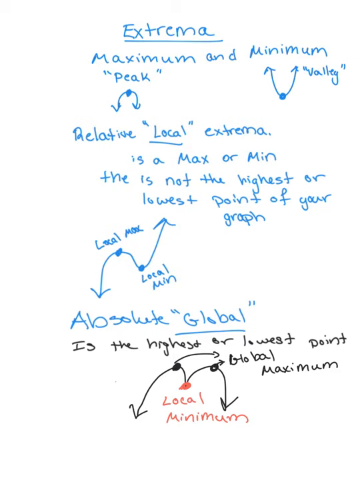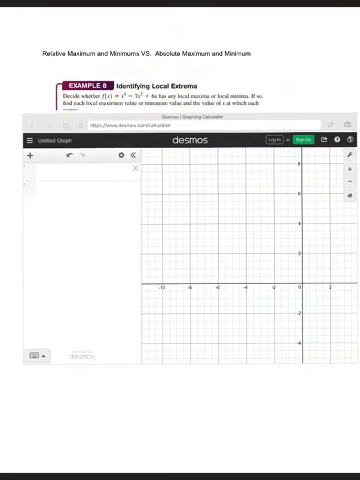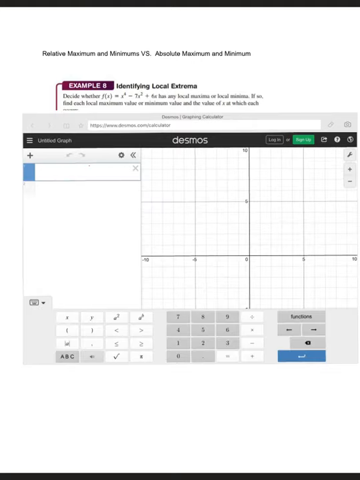Now we're going to look at Desmos and how to find the exact points. All right, so this one is an example from your book, and I already put a Desmos picture here, so I'm going to go ahead and bring up my Desmos and put this in.